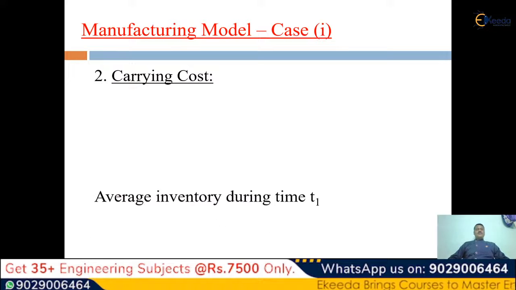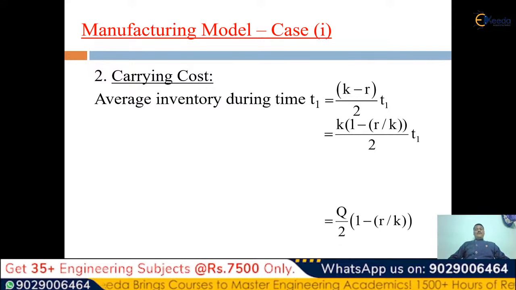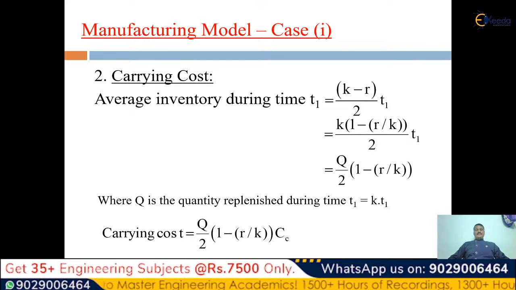The carrying cost, which is the average inventory during time T1, is (K minus R) by 2 into T1, which when further solved is given as the carrying cost equals Q by 2 of (1 minus R by K) into CC.